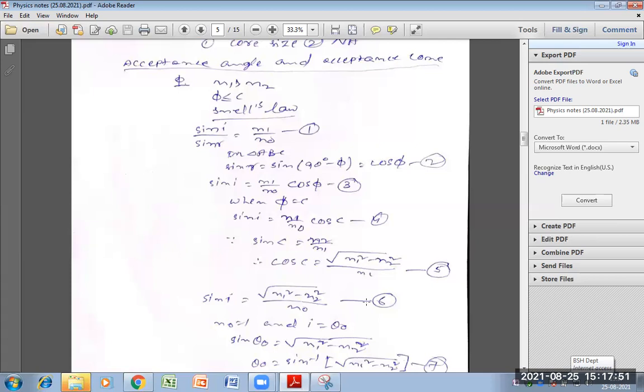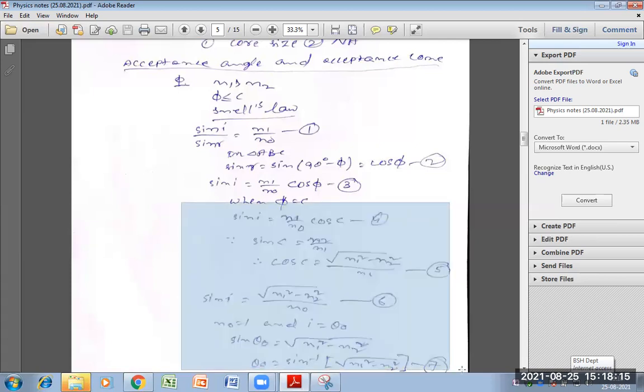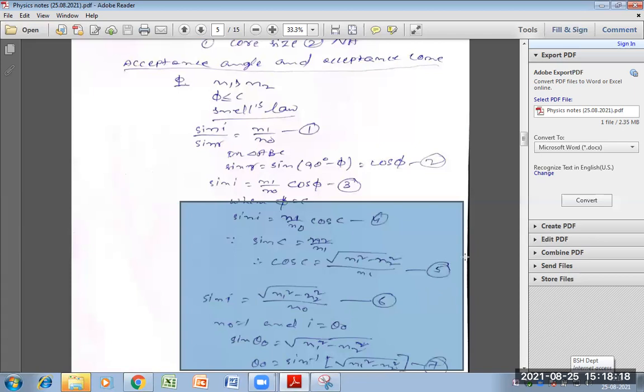This is equation 5. Again, on putting the value of cos C from equation 5 in equation 4, sin I is equal to root under N1 square minus N2 square divided by N0, equation 6.